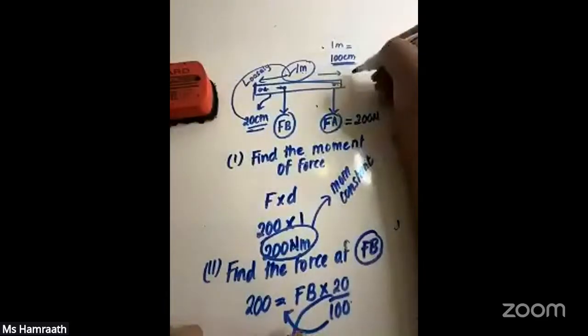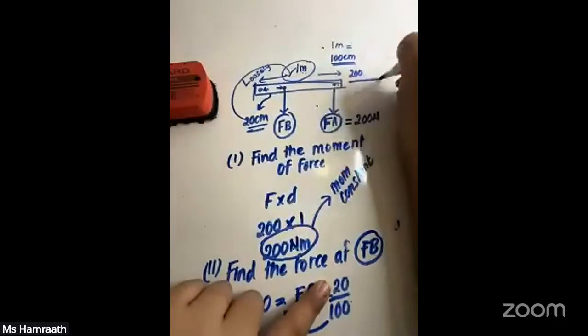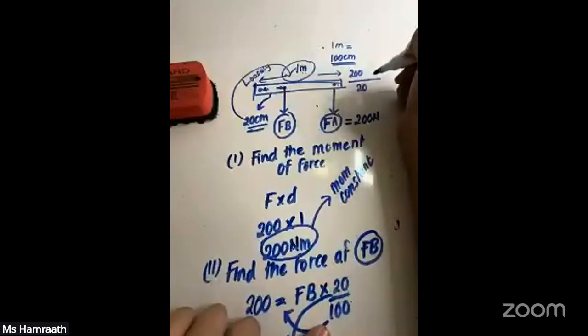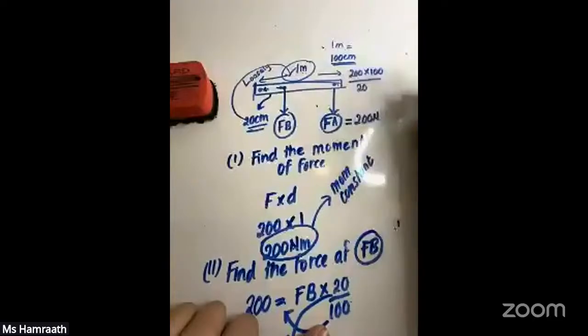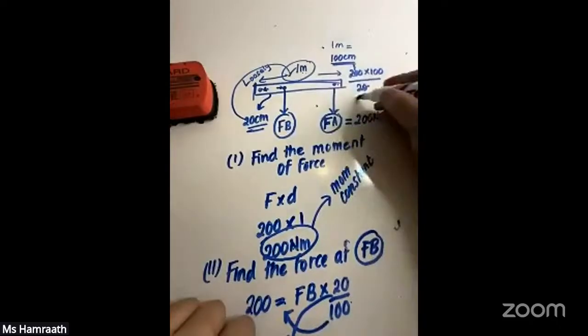So 200, divided by 20, multiplied by 100. You can cancel this 20, and you take this as 10. 10 into 100 is going to be the answer, 1000 Newton.